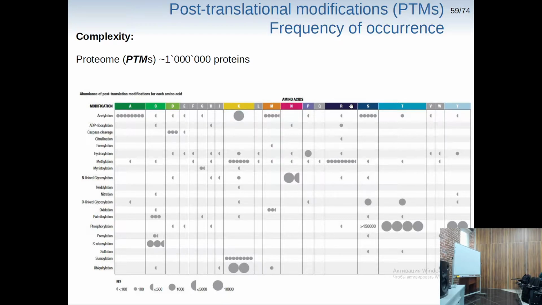Also, if we are working with some proteome of, for instance, human or mice, there is already some annotated form where you can just find which amino acids are modified more frequently in this given protein.